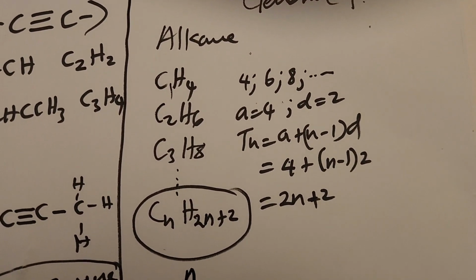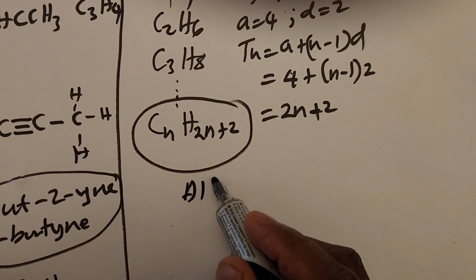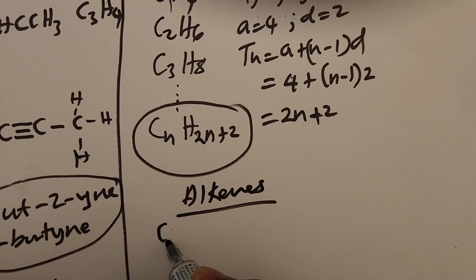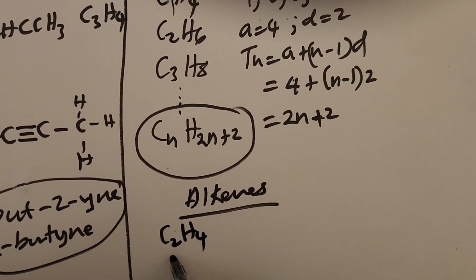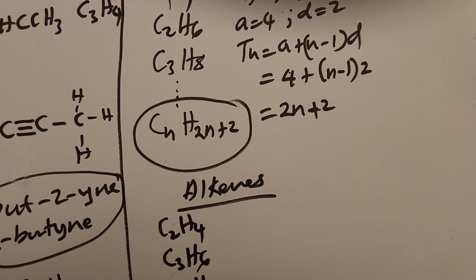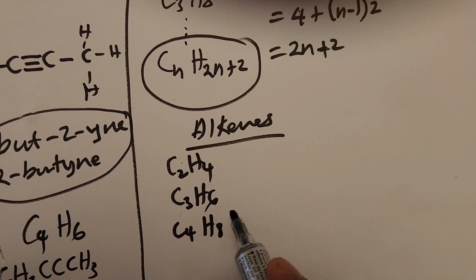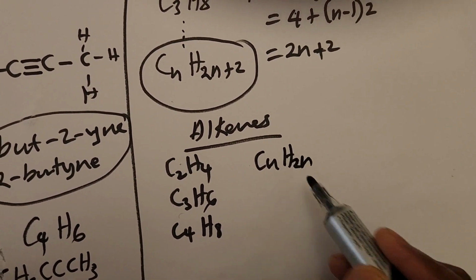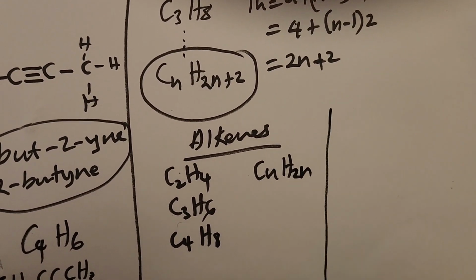Alkenes, we have already dealt with that. All alkenes are just multiples: C2H4, C3H6, C4H8. You can see the trend. Therefore, the general formula for alkenes will be CnH2n. And then in alkynes, same story.